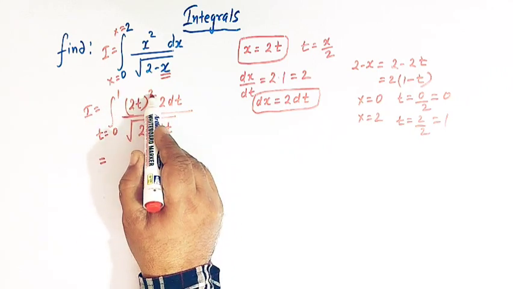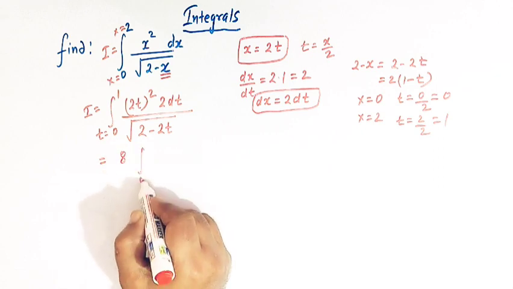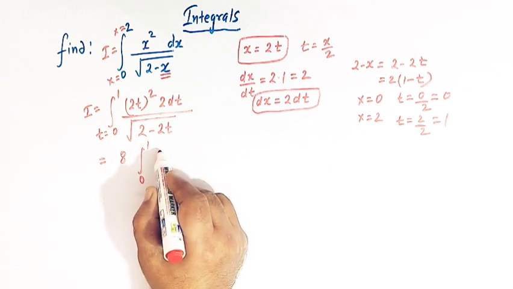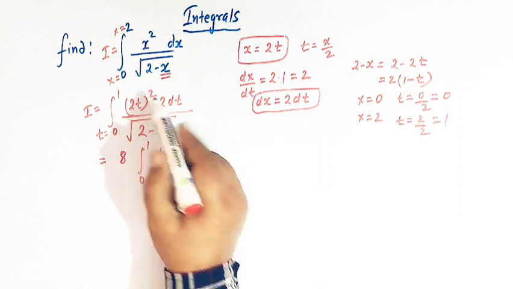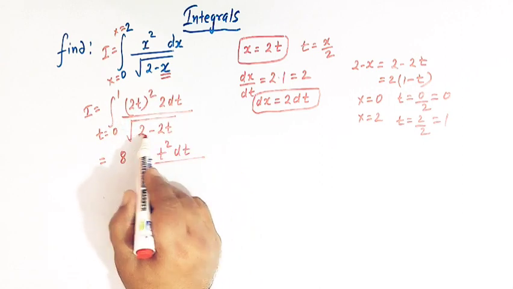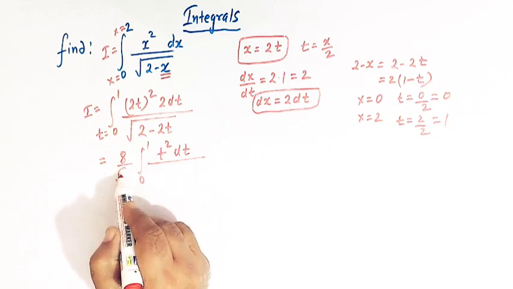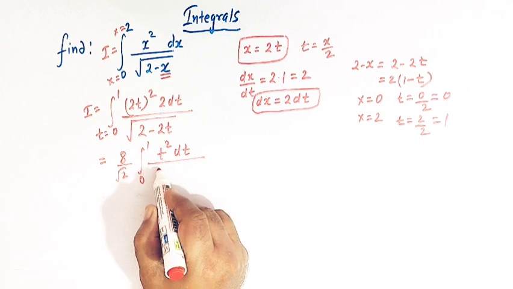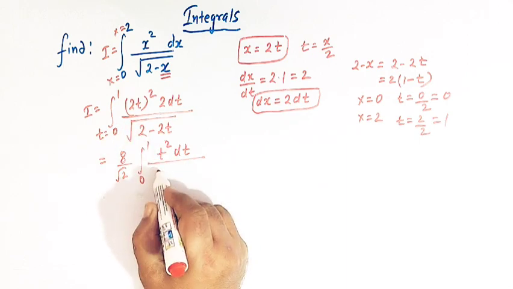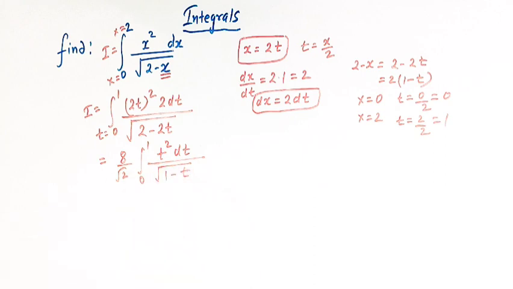So here 2 square is 4, 4 times 2 is 8. So we have 8 here, and we have 0 to 1, and in the numerator we have t square, this is dt, and if we take 2 common, then we have square root of 2 outside the integral, and in the denominator we have square root of 1 minus t, right?